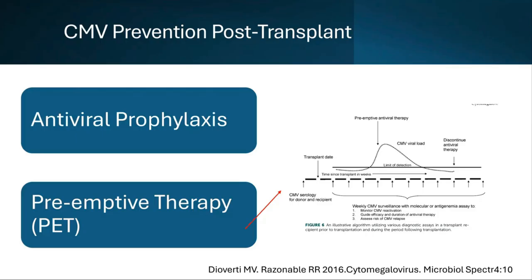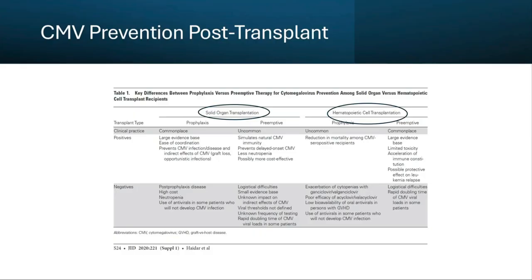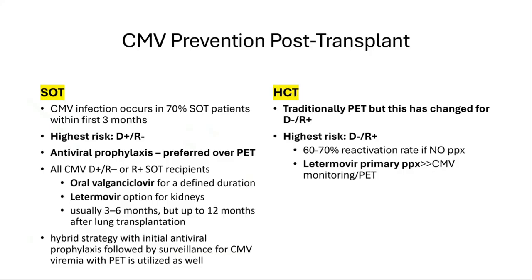Preemptive therapy means that after transplant, you initiate weekly CMV monitoring, and when your patient is found to have asymptomatic CMV viremia, you initiate them on treatment. I'll skip this because we're running short on time.